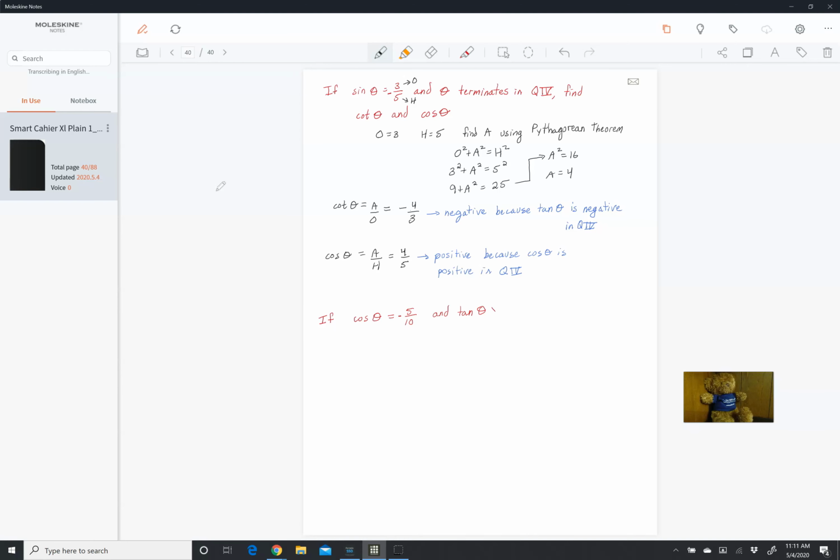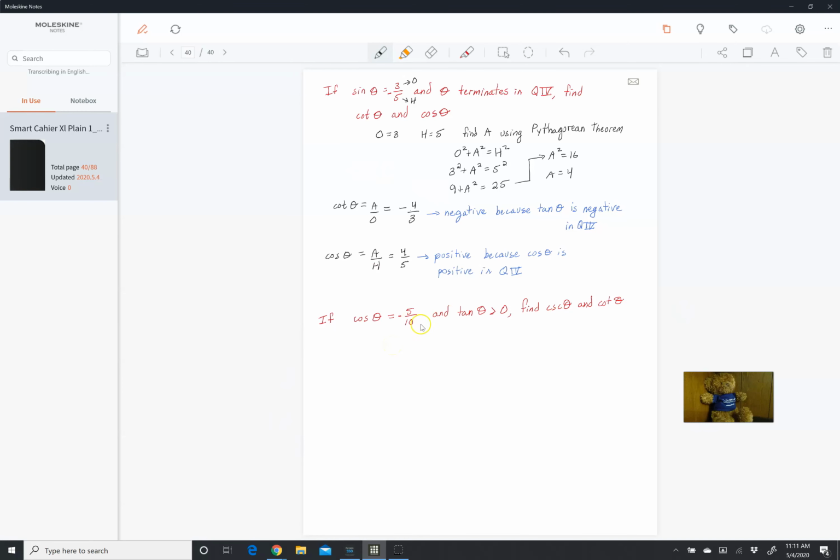And tangent of theta is greater than 0. Find cosecant of theta and cotangent of theta.